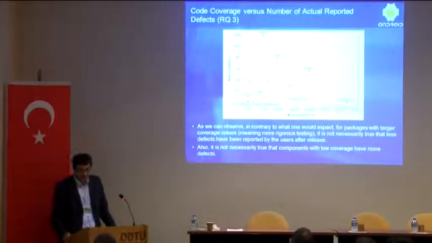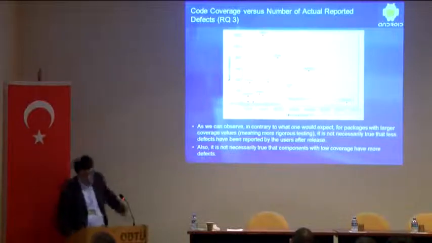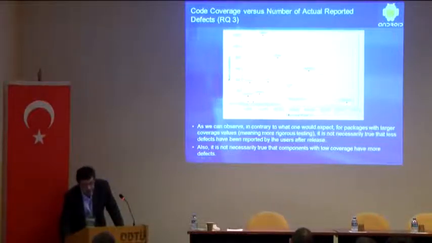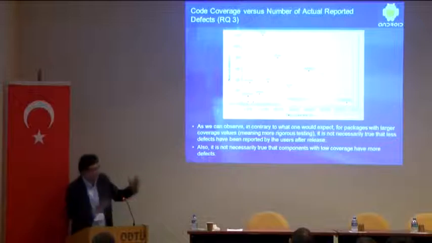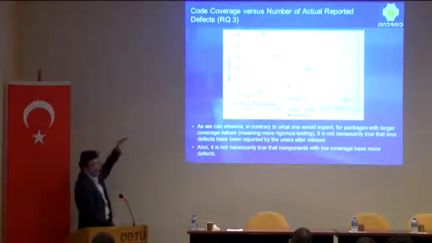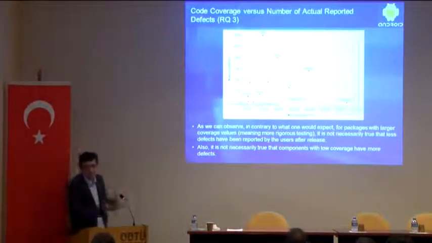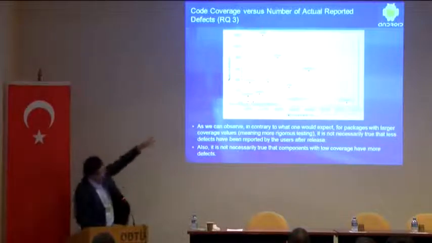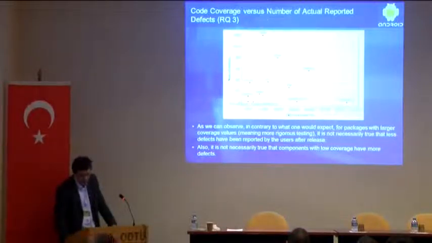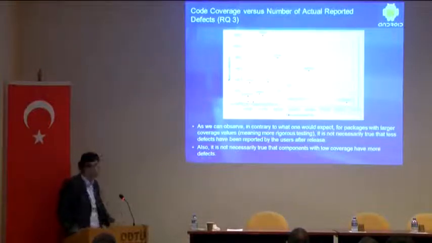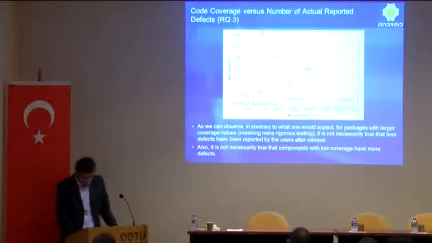So you expect a trend like this, right? With more testing, you expect fewer defects in a statistical sense. That's kind of the case for these four applications, but these ones kind of fall out of the trend line.